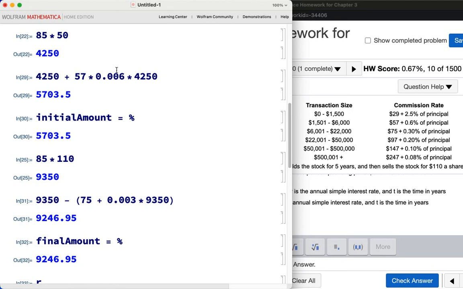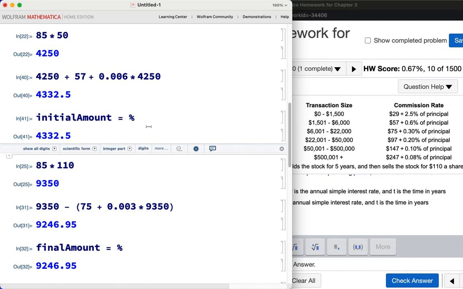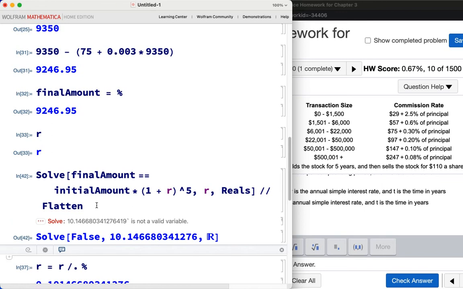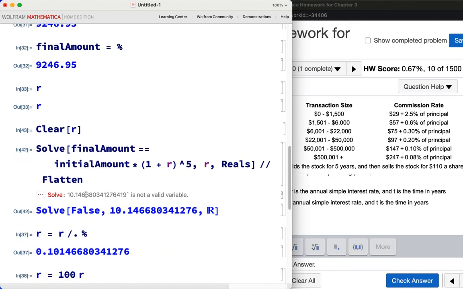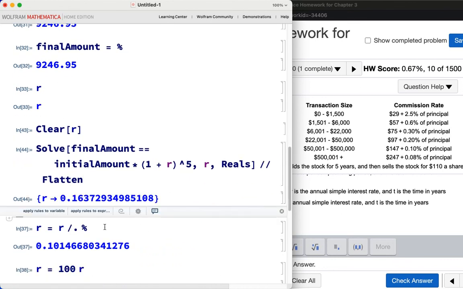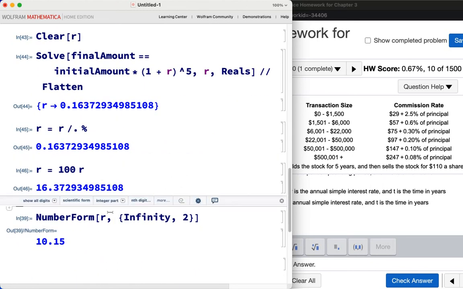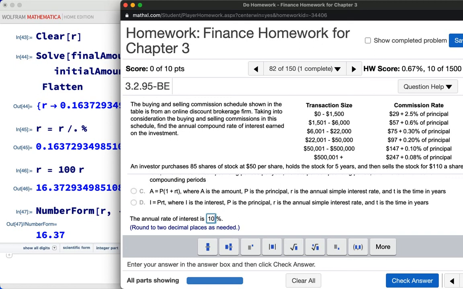Oh, right over here. That actually should be plus, not times. So my initial amount got screwed up. Let's try this one more time. Oh, you know what? I have to clear R. Okay, clear R. Oh, that's a pretty large interest rate. 16.37%.